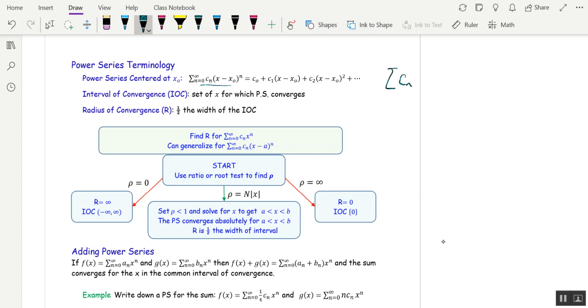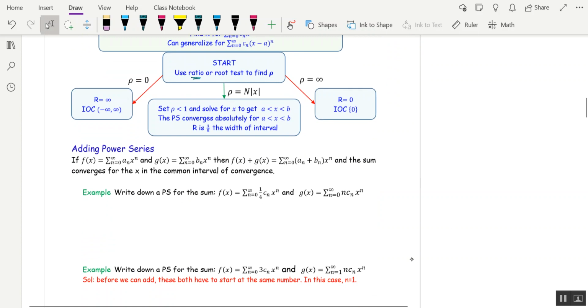So they'll have formulas that look like c_n x to the n, and they'll start maybe at 0, maybe at 1, wherever. And then, again, this is a graphic for how to find the interval of convergence for a power series. We used the ratio test, and the rules for the ratio test were that to get absolute convergence, you needed rho less than 1. But I don't think we're going to need that today.